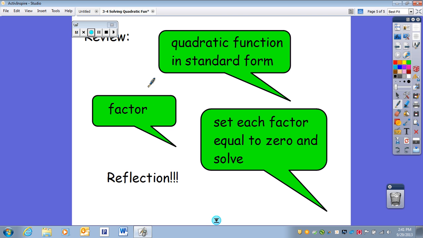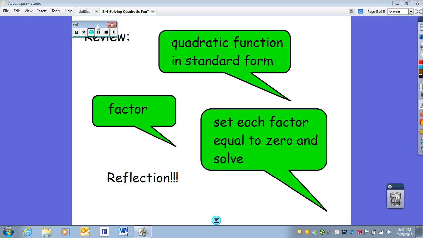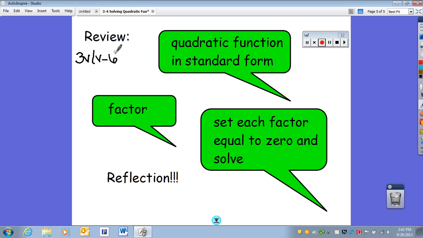Let's review. One thing I would like to mention is that when we are solving, if you were to get a situation where we had something like this, where we have 3v and then v minus 6 were my factors, and I set them equal to 0, because our leading coefficient contains a variable, we do need to set that expression equal to 0 to solve, as well as the v minus 6 equal to 0 to solve.